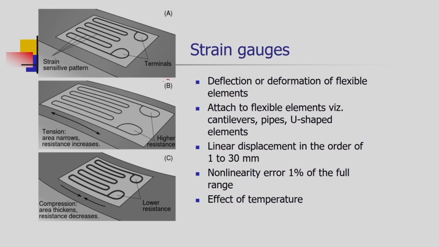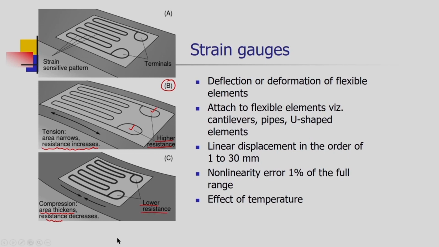Figure B shows that when tension is there, the cross-section area is narrowed and the resistance is increasing, so the higher resistance is indicated here. When compression is occurring along the length, the cross-section area is thickening and the resistance decreases, so we get lower resistance.